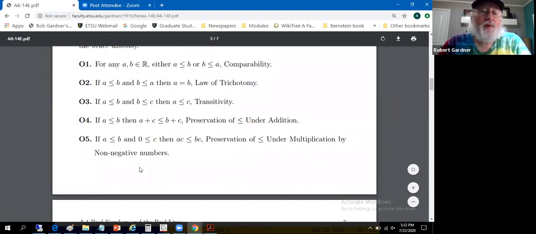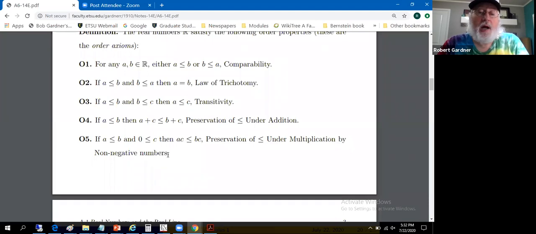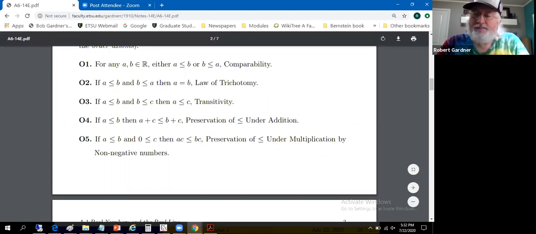Multiplication: if A is less than or equal to B and 0 is less than or equal to C, in other words C is non-negative, then A times C is less than or equal to B times C. Preservation of less than or equal to under multiplication by non-negative numbers. From this, we could prove, but let's not, that if C is less than 0 and you multiply, then you have to reverse that inequality, as you know.